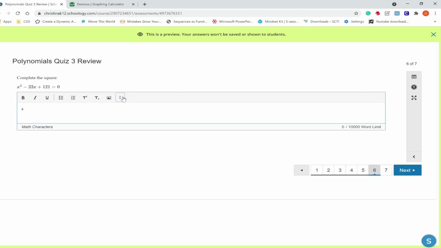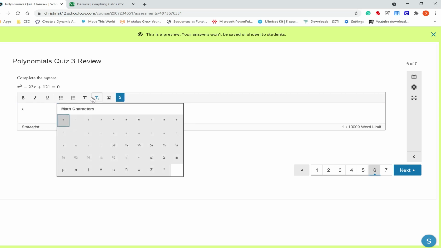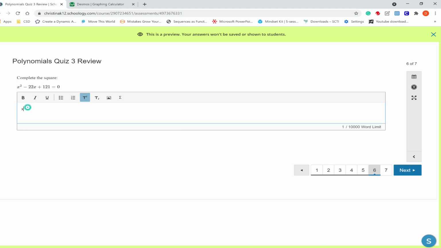So x squared minus 22x plus 121 equals 0. We're going to subtract 121 from both sides.